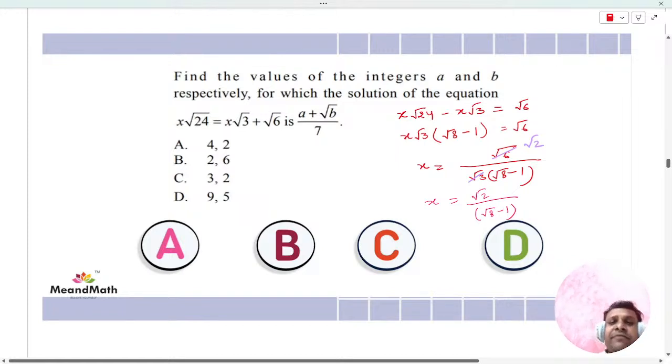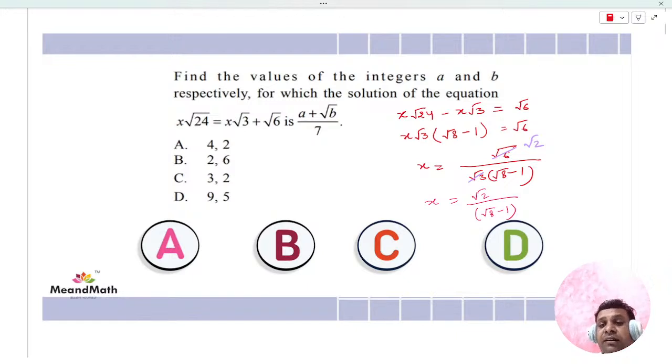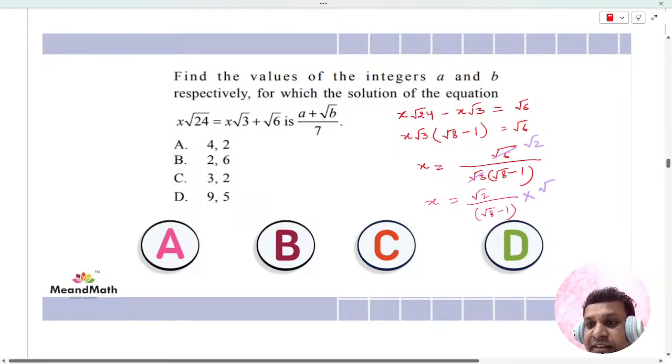If you compare with this, the numerator is rational but here the denominator has a root, so you have to rationalize. To make the denominator rational, we multiply and divide with the rationalizing factor, root 8 plus 1 upon root 8 plus 1.